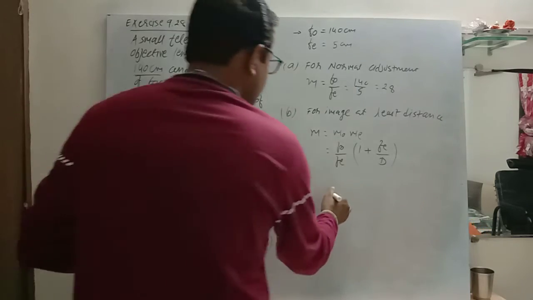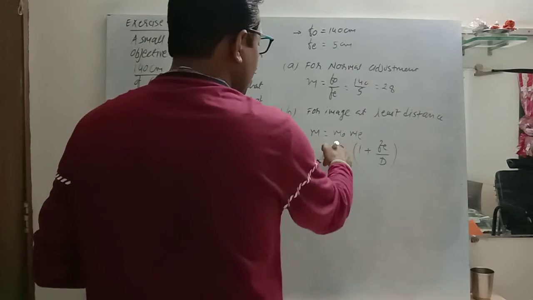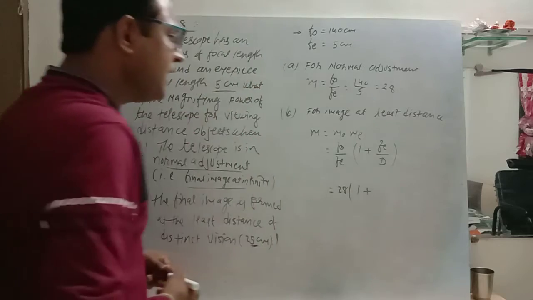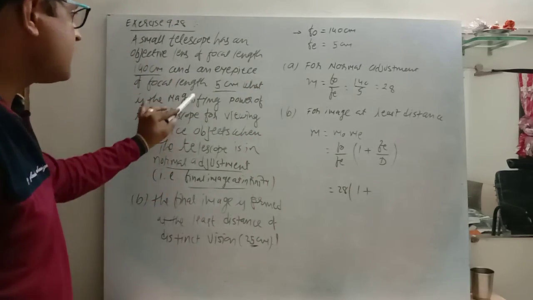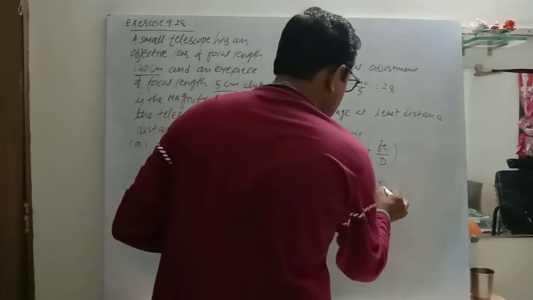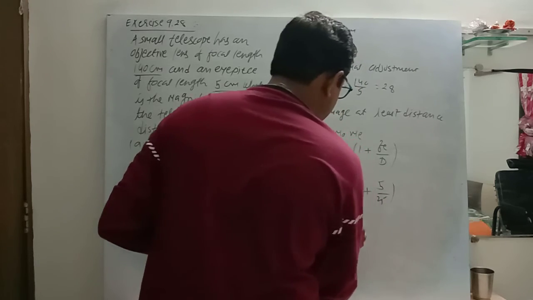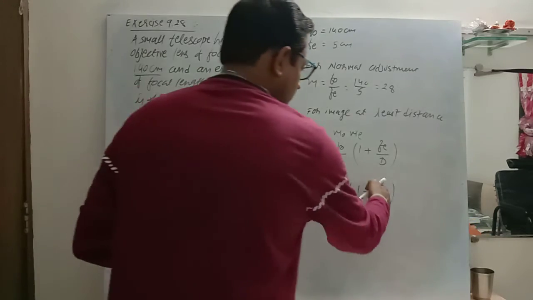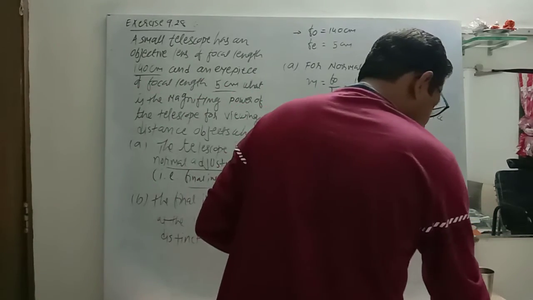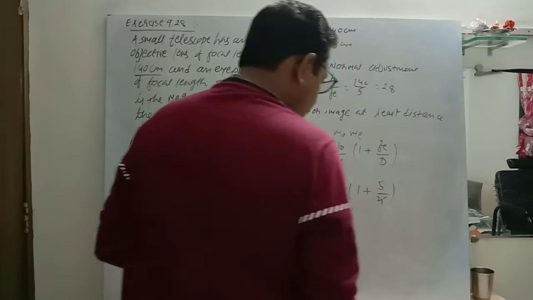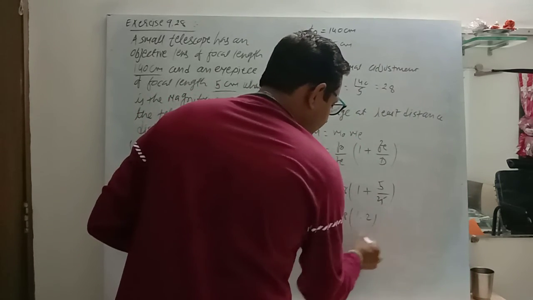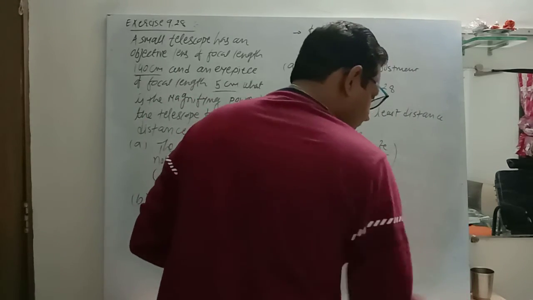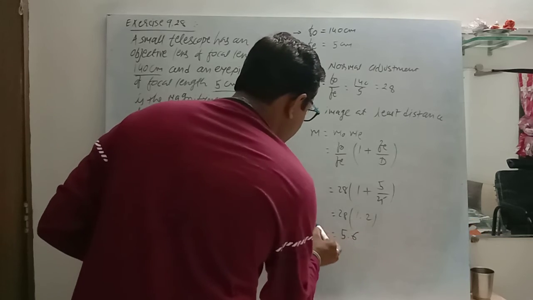तो यहाँ पर ये तो हमें FO upon FE जो है वो 28 तो मिलेगा. 1 plus FE is focal length of eyepiece is 5 और ये होगा 25. Then 28 into 1 plus 5 upon 25, that is 1.2, and 1.2 into 28, that is 5.6.